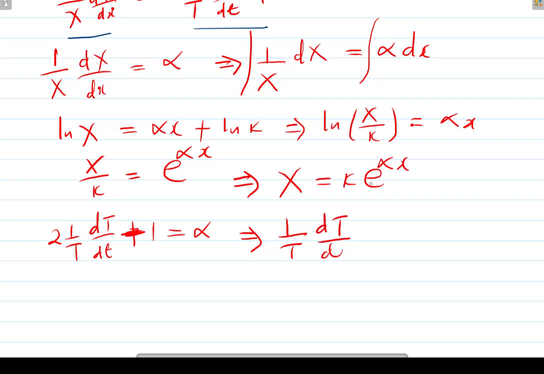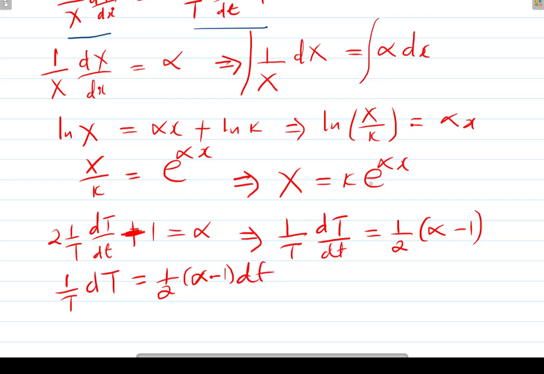Let me write this dt so that people can see properly. Then I have 1 over 2 because I divided by 2 throughout, and then here you have alpha minus 1. Then this becomes 1 over t dt equals 1 over 2 alpha minus 1, then this small dt goes this side.